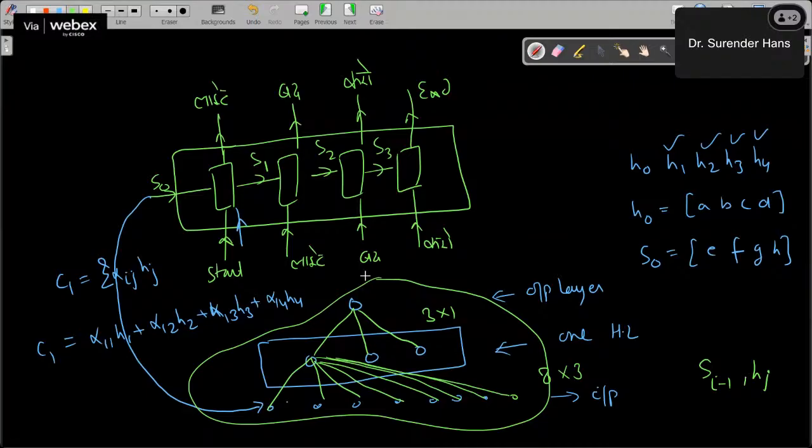So this is called the time distributed fully connected neural network, because these weights are the same for all the time steps of the decoder.